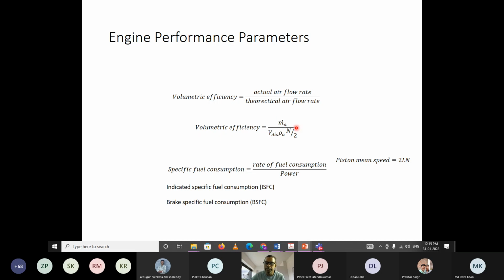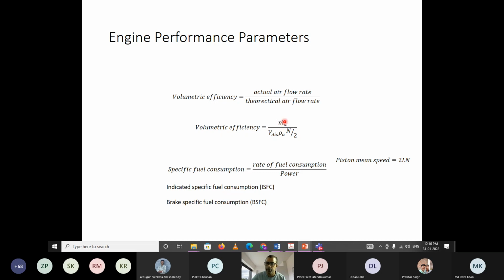But in the laboratory, you can measure it through the orifice meter. That is the simplest and basic fundamental methodology: you install one orifice meter in the intake manifold, measure the pressure difference across the orifice, apply Bernoulli's theorem, and measure the mass flow rate of the air.